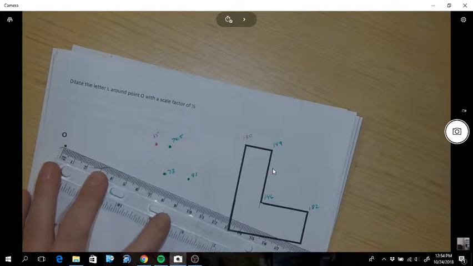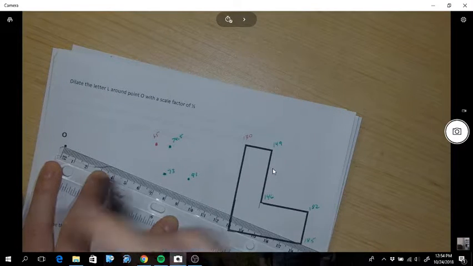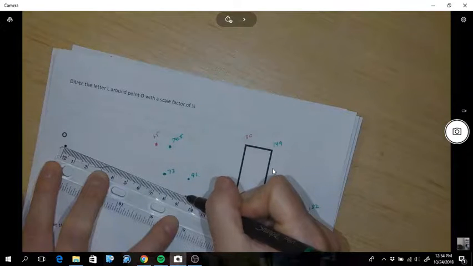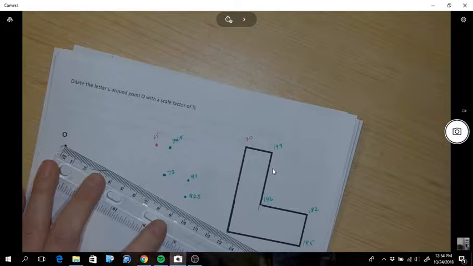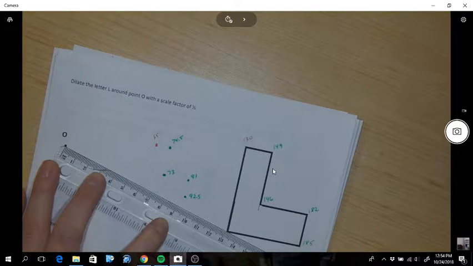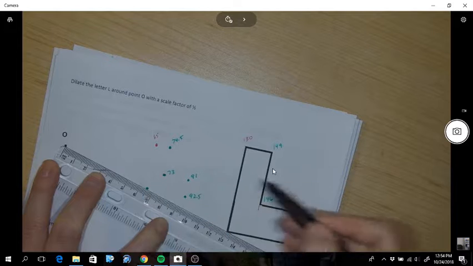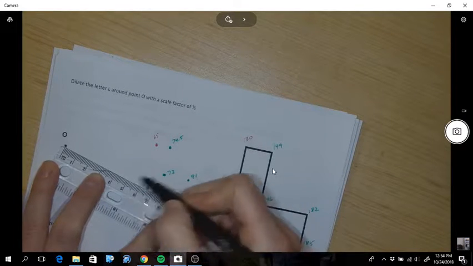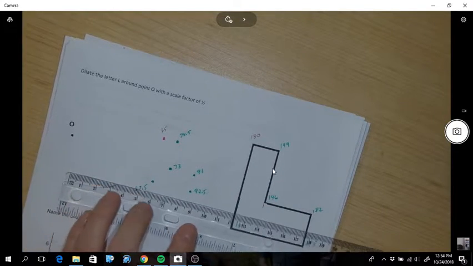Let's go to this point, and then we get 185. So we're going to go 92.5. And the last point is a distance of 131. So we're going to go 65.5. And then we draw our new shape.